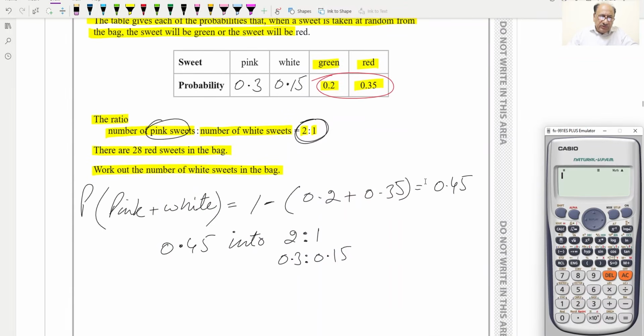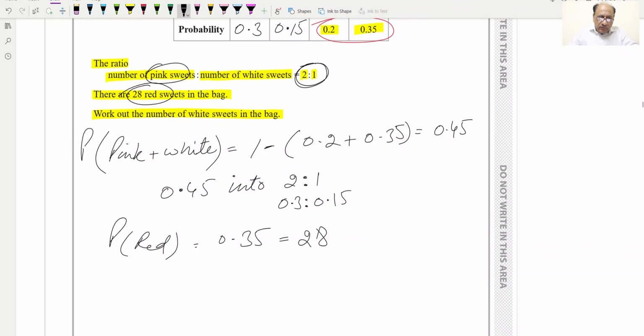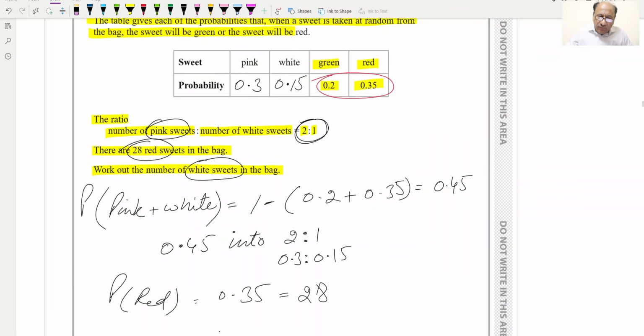Now they are asking about red. The probability of red is equal to 0.35, and for 0.35 it is 28 sweets. We have to find it for the white, and white is having probability 0.15.